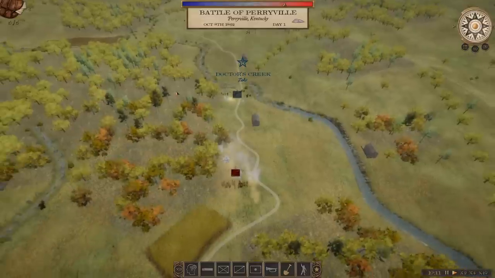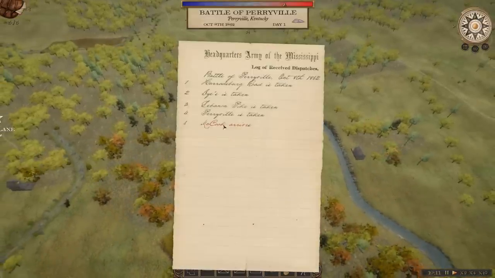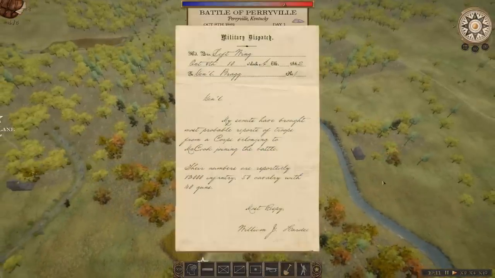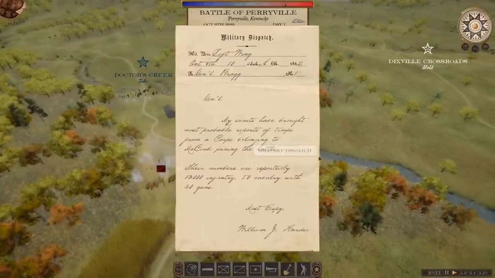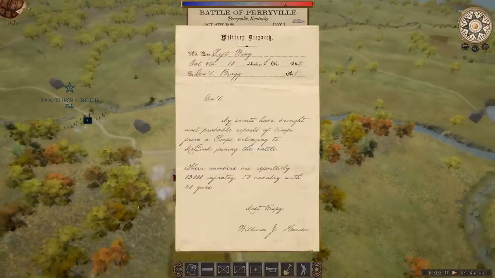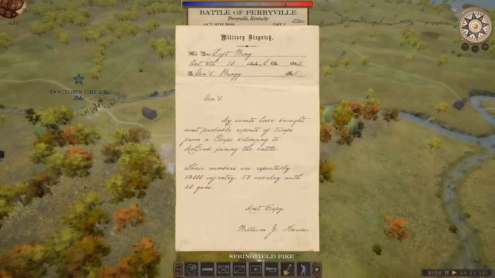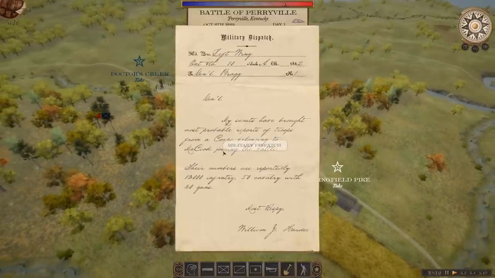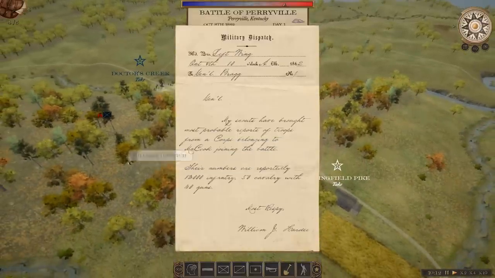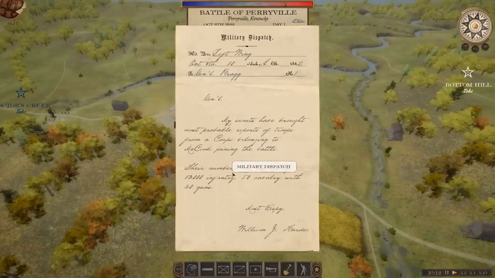Let's keep him there. And we also received a dispatch from Hardy that his scouts have brought information about McCook joining the battlefield with a corps of some 13,000 infantry, maybe 40 guns.